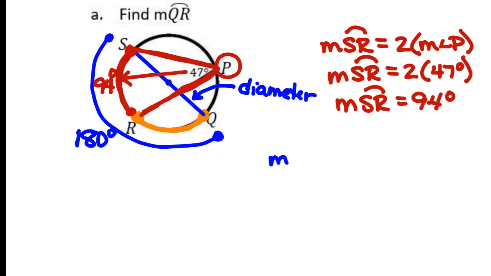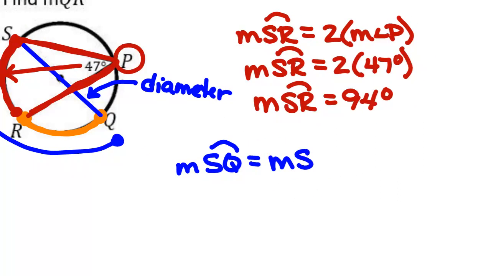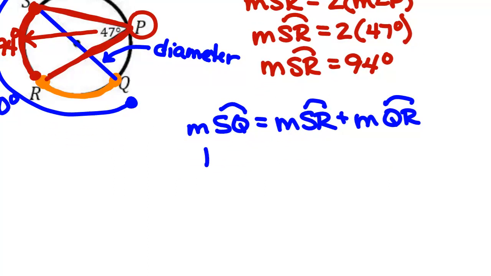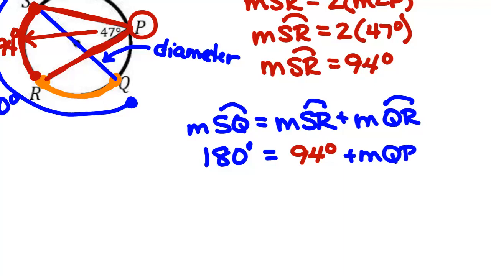The measurement of arc SQ is equal to the measurement of arc SR plus the measurement of arc QR. We know that SQ is how big? 180. How big is SR? 94. Plus the measurement of arc QR.